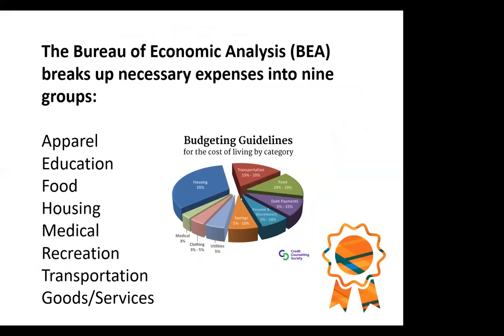Education, if you have kids and obviously you got to pay for their education, or if you're wanting to go get your master's degree, that will add up. Otherwise, education may not be a category for you. But food, housing, medical, recreation, transportation, and then obviously goods and services. So these are some areas to think about as you're going into new places to see how they're going to affect.